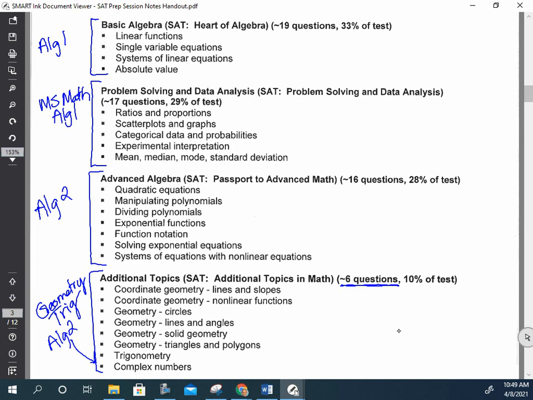National Merit Scholarship every year gives out about $300 million in scholarships. In order to qualify to get at that money, you have to do well on that test. Most people who end up being National Merit Scholars end up getting full scholarships because of it. So make sure you take it seriously.